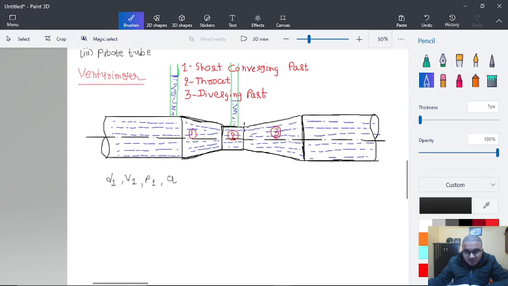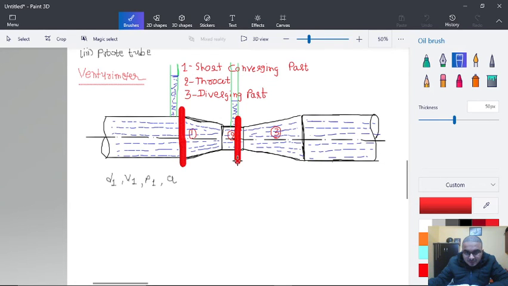So here for the section part we will be taking two sections. First section will be here and second section will be here.